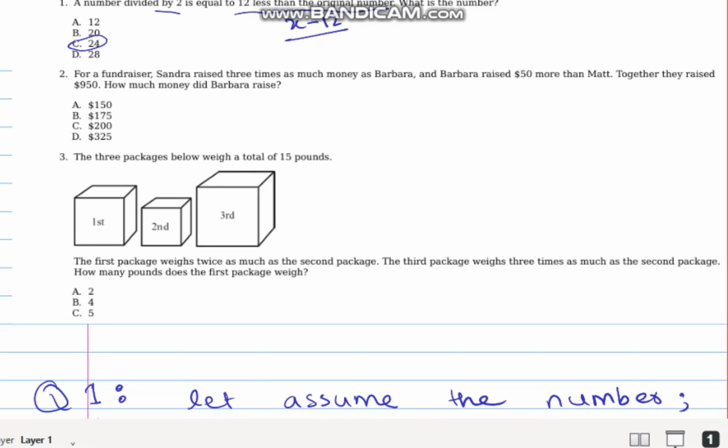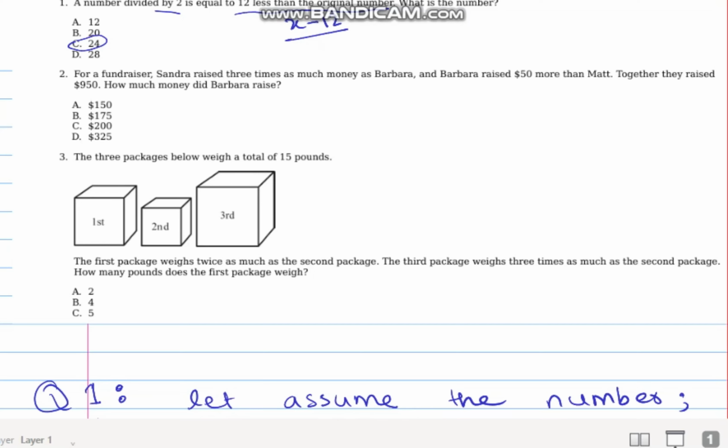Question number two. For a fundraiser, Sandra raised three times as much money as Barbara, and Barbara raised 50 dollars more than Matt. Together they raised $950.